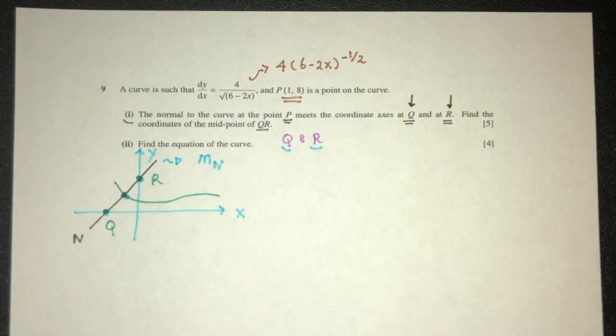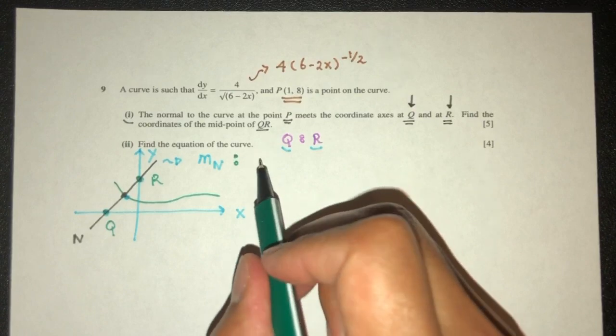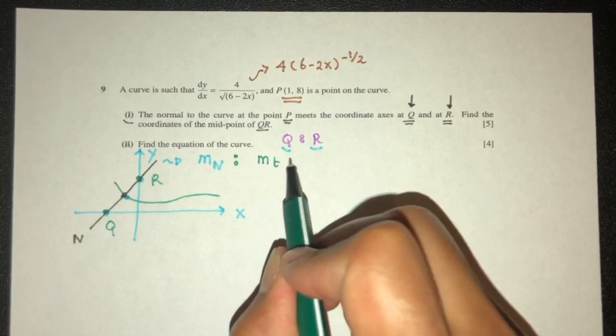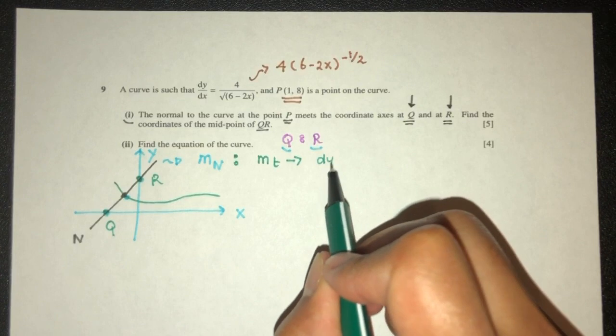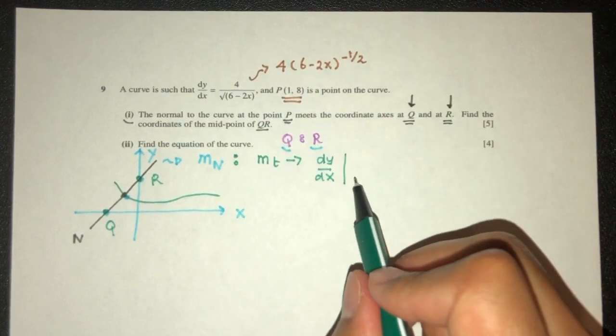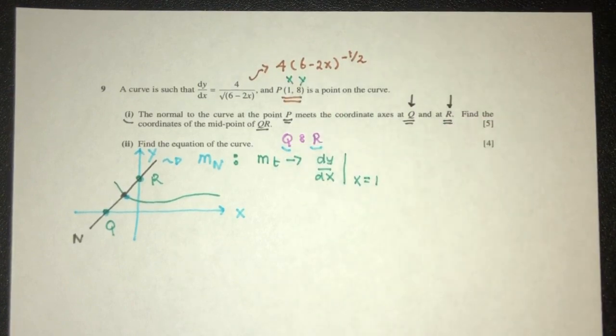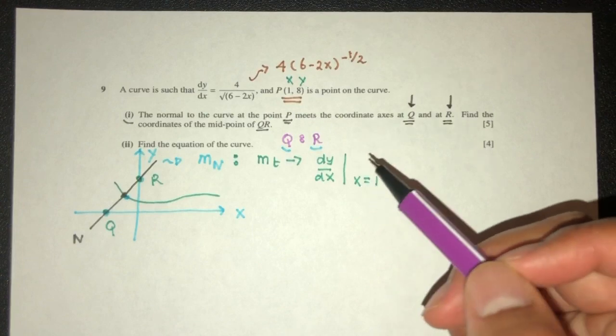Now, as we have seen many times before, to find the gradient of a normal, we must first find the gradient of the tangent. This is simply equal to dy by dx at the point P where the value of x is 1. We know dy by dx already. Just replace.